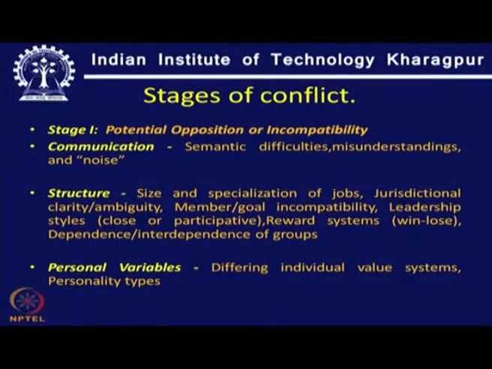When we are talking of stages of conflict, there are 4 different stages of conflict. Here we will cover up to 3 of the stages. The first stage is potential opposition or incompatibility.